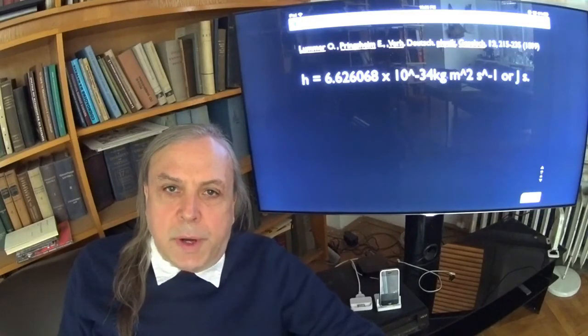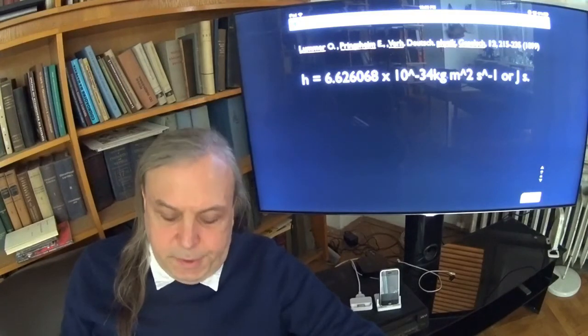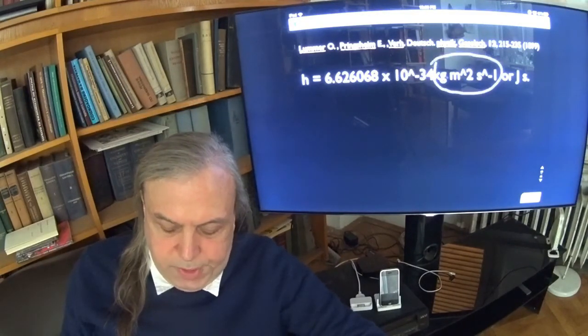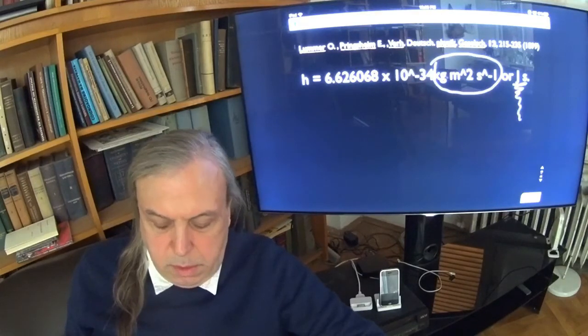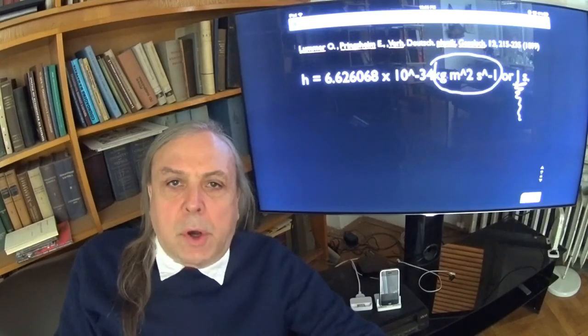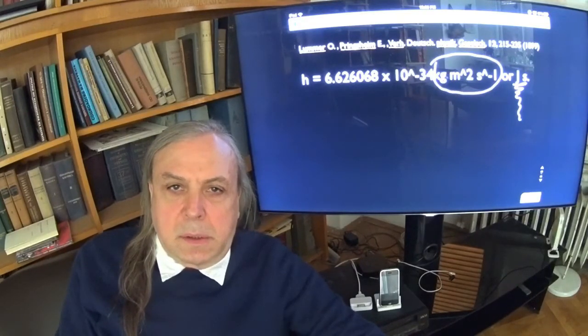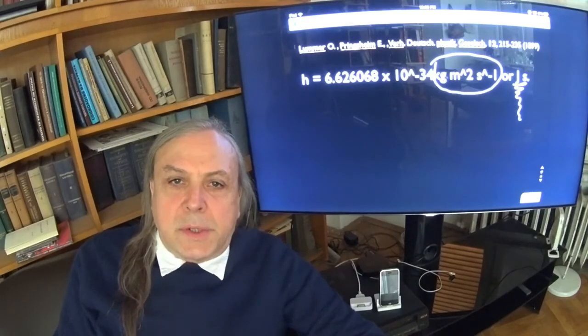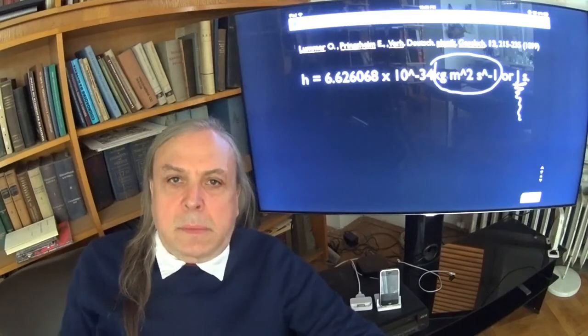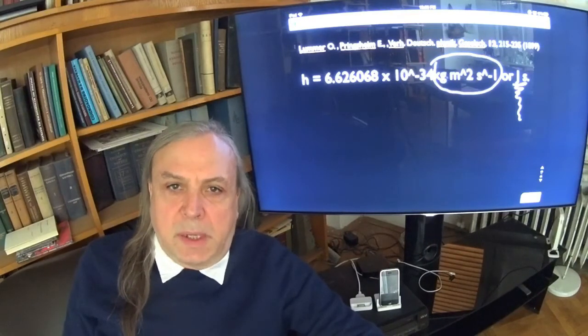Kilogram meter squared second to the minus first, or joule second, are also dimensions of the so-called Planck constant, which is considered to be the threshold, the cutoff point between classical mechanics and quantum mechanics.